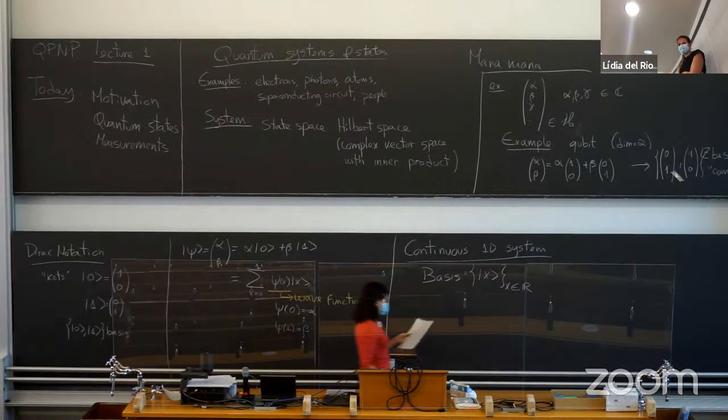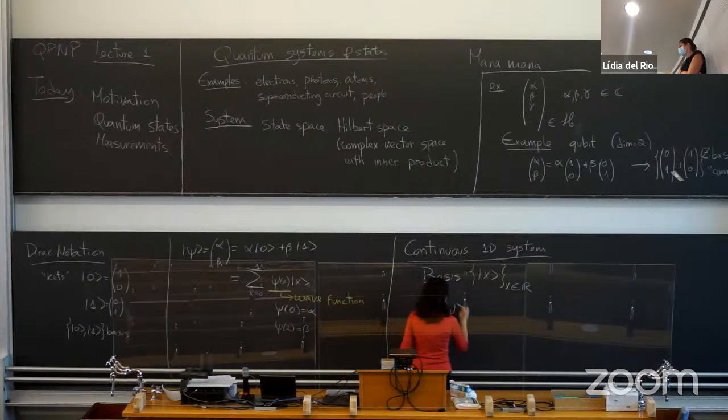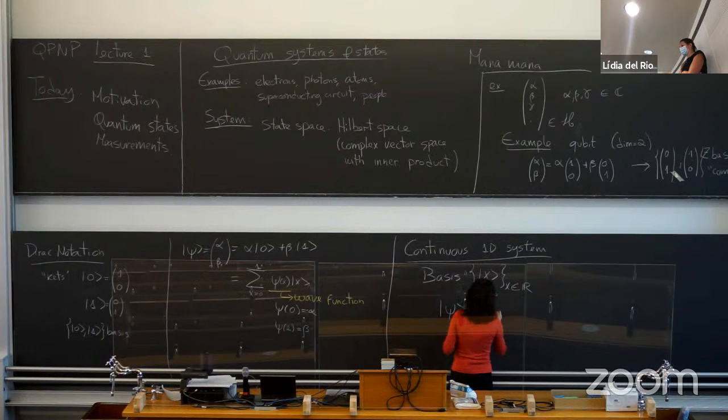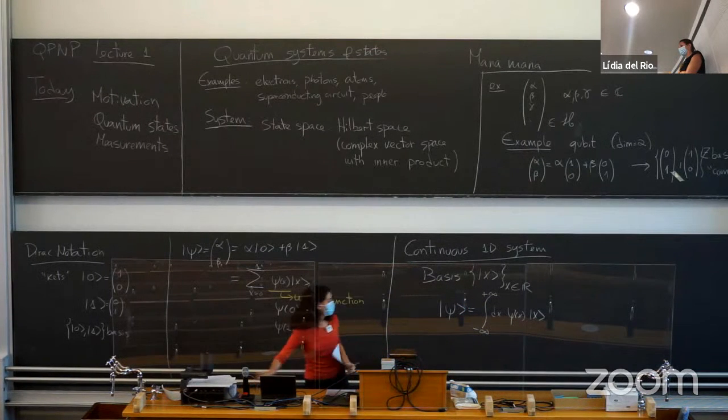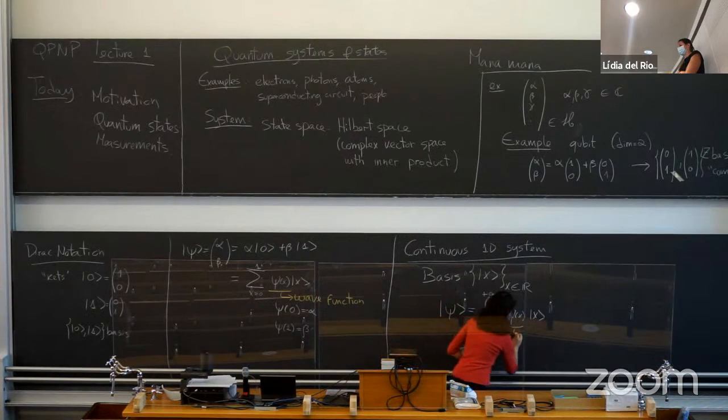Think of it as just a glorified sum, really. So we need a dx, |x>, and now just like before, here come the coefficients. These coefficients are called again the wave function.